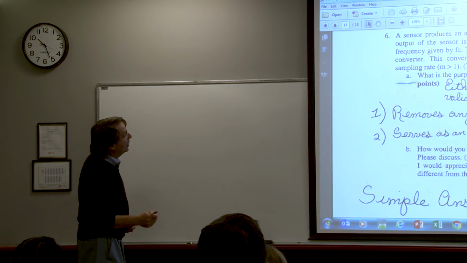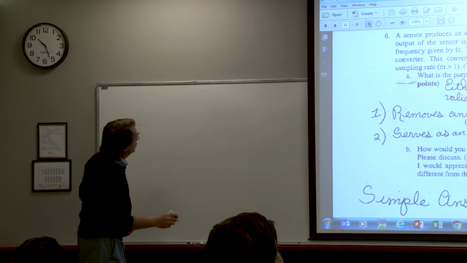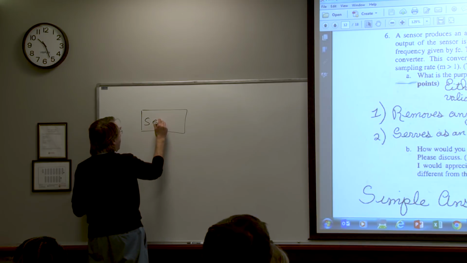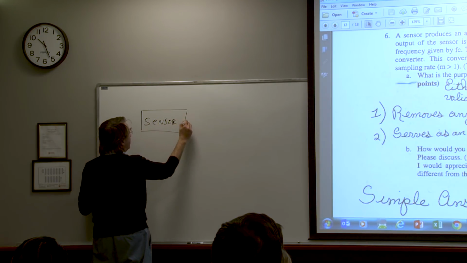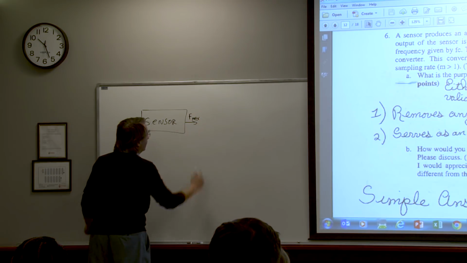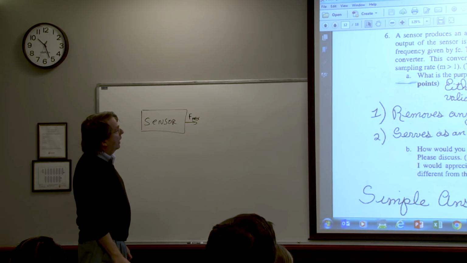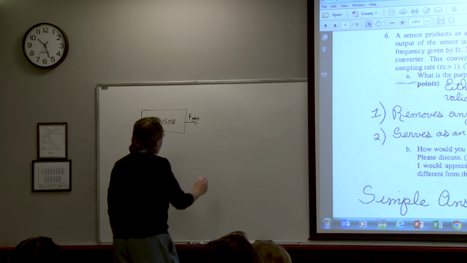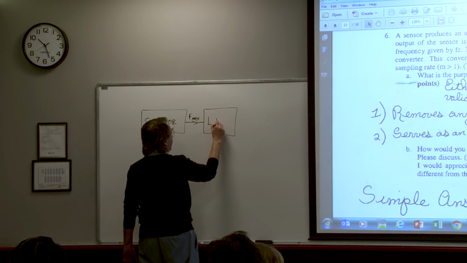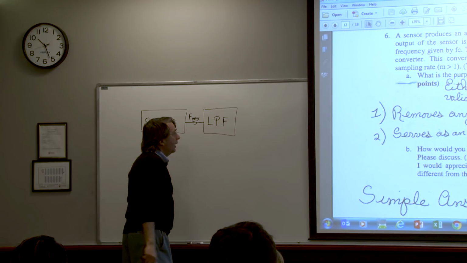All right. So we have a sensor. And the output of the sensor is F max. You're connected to a low-pass filter. If you don't mind, I'm just going to put in the acronym, low-pass filter.